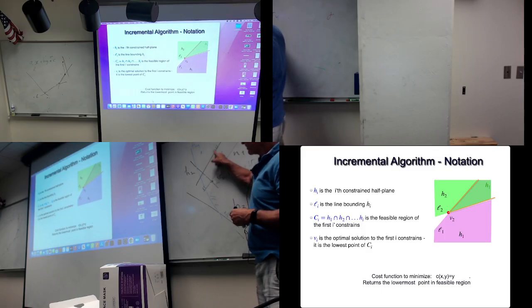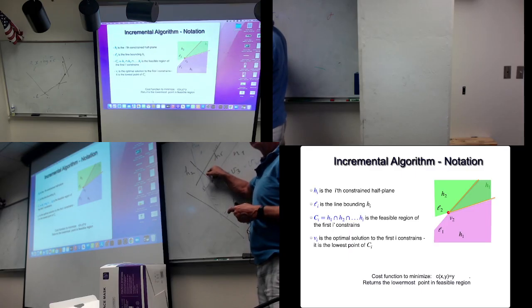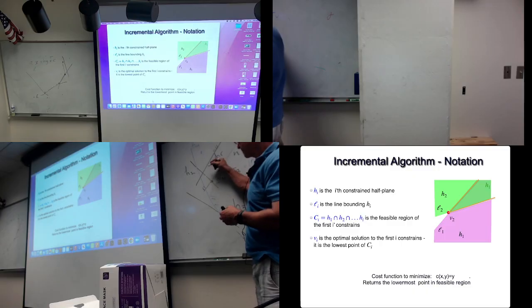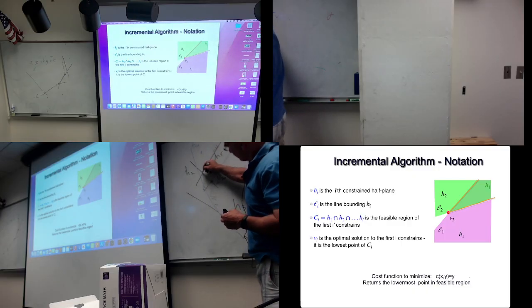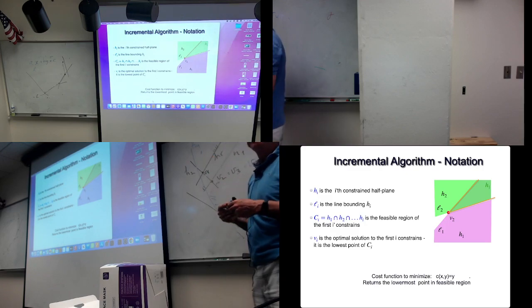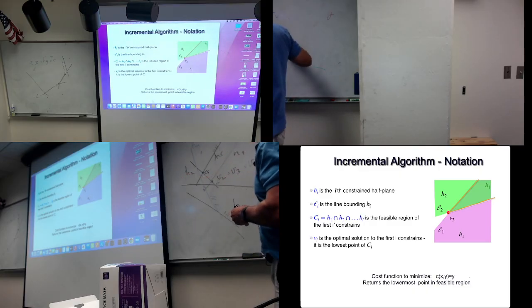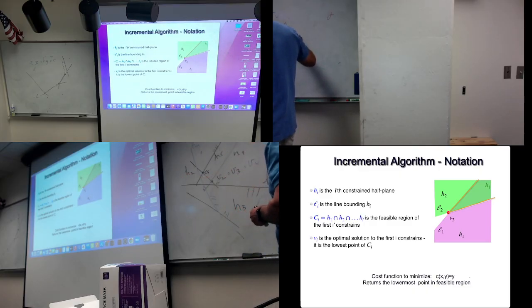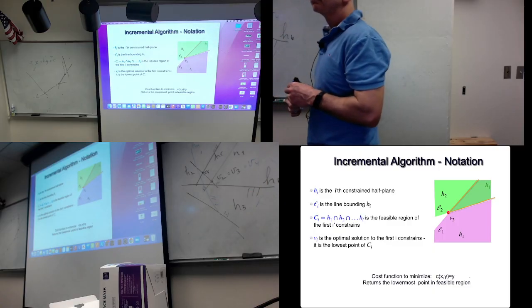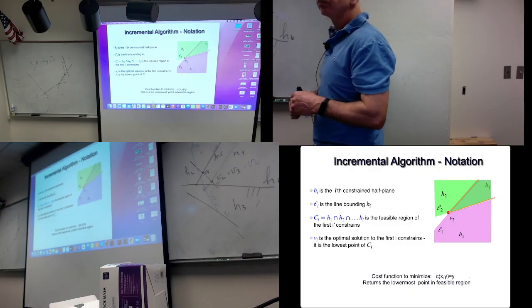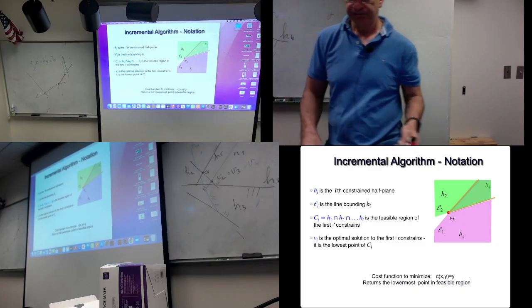And you see already something interesting. The new solution must actually be on H5. Maybe it's an accident, so it's just on V5. And indeed, V5 is this point. Then no solution. I don't have any solution.